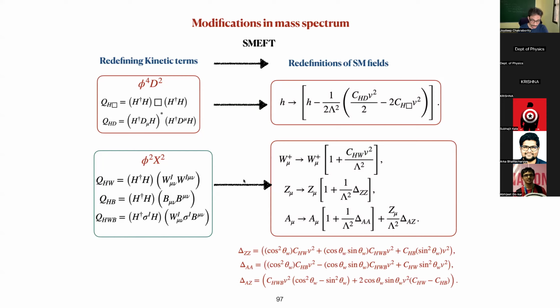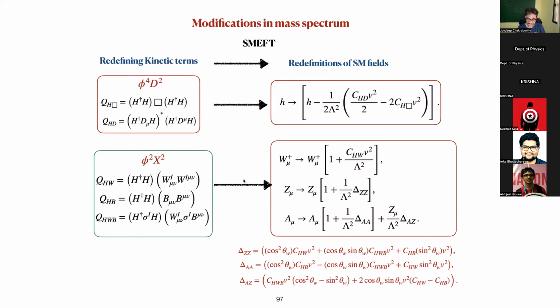So in some cases, when you diagonalize, you may find the Goldstone mass term appears to be 1 by lambda^4, not for the SM, but for some other cases. But it is not a reason to worry, because you are truncating your theory at 1 by lambda^2, so whatever is beyond that is 0.